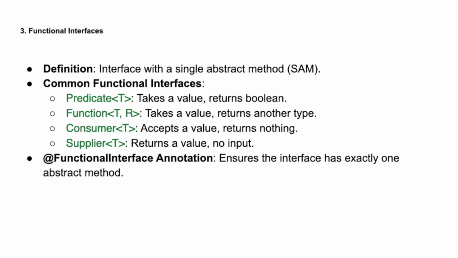So it makes sure, or you can say, it ensures the interface has exactly one abstract method. Now let's move to the next slide to understand the benefit of lambdas. It's very important to understand the benefit of lambda. Let's jump to the next slide.